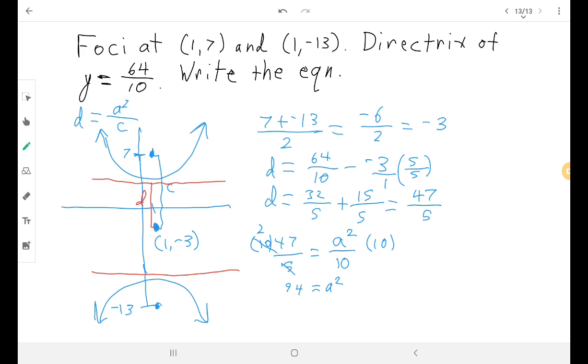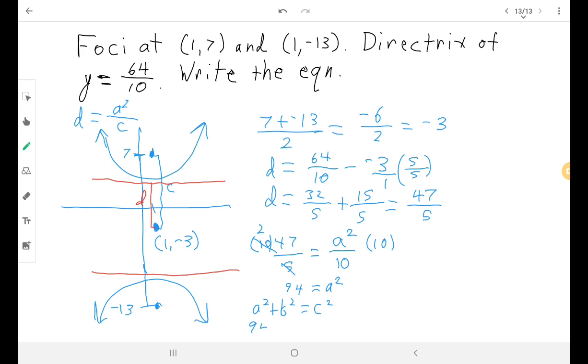And remember, we don't need a, we need a squared, so it's perfectly fine to leave it that way, right? Remember that a squared plus b squared equals c squared. I've gone over that enough times.